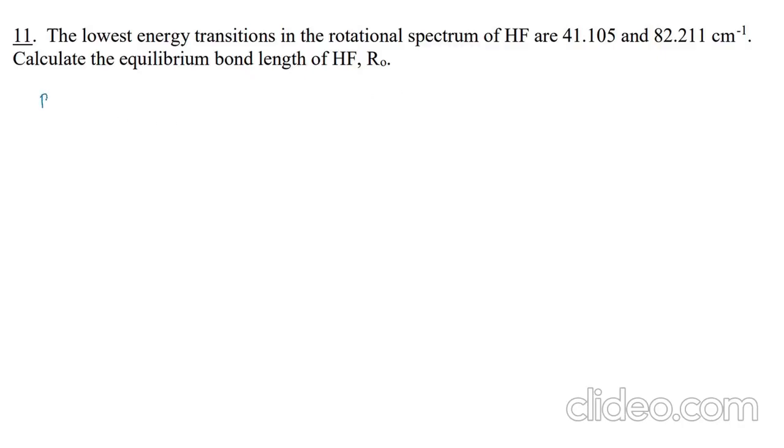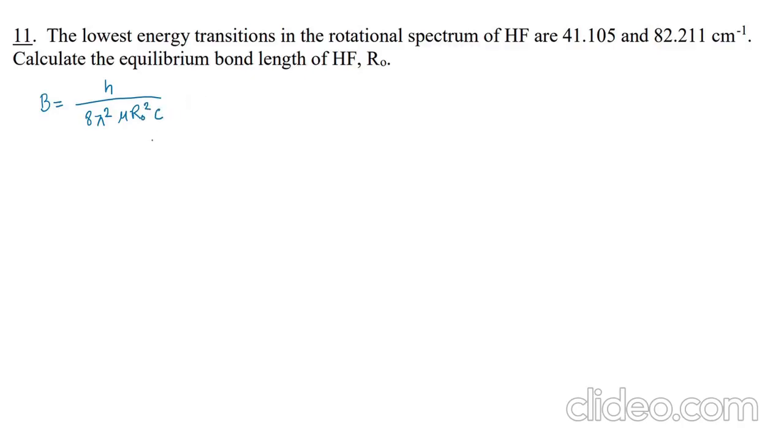The equation is the equation of the rotational constant. The rotational constant B is h by 8 pi square mu R naught square c.